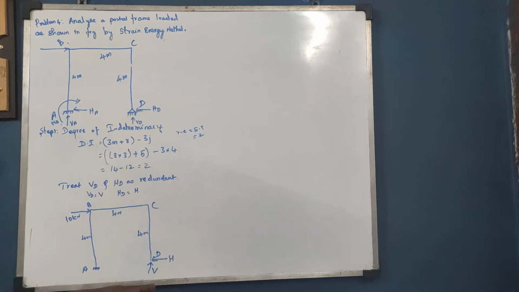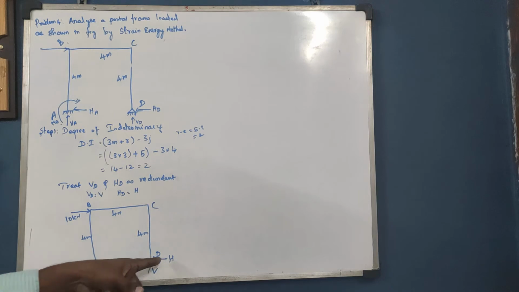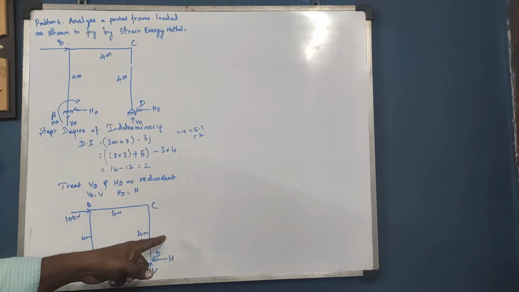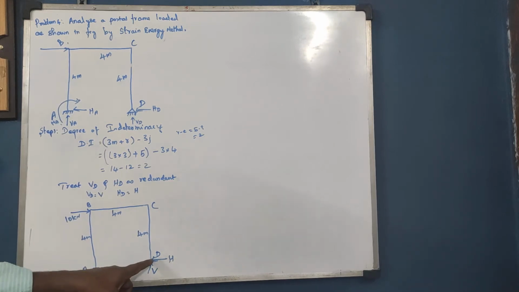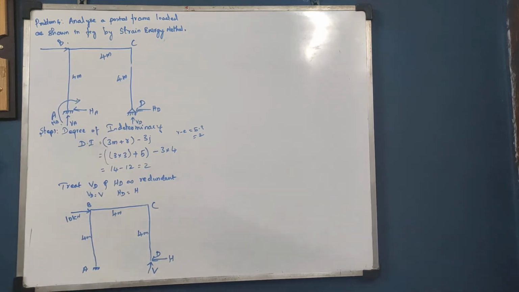After releasing the redundant reaction forces, if the frame looks like a cantilever beam, with one end fixed and the other end free, we do not need to find the support reactions.